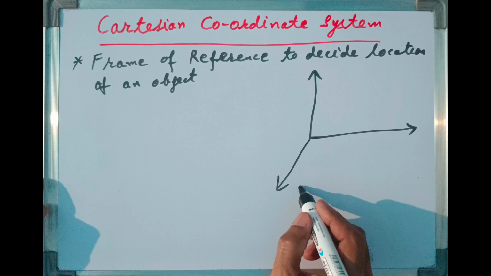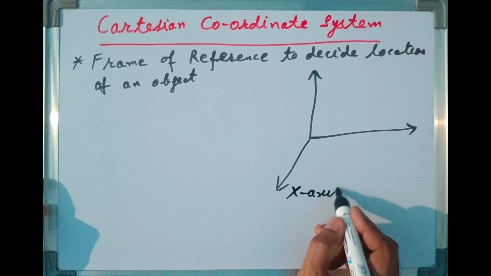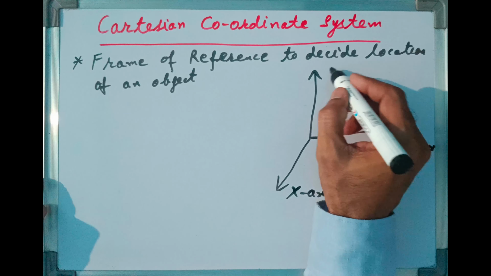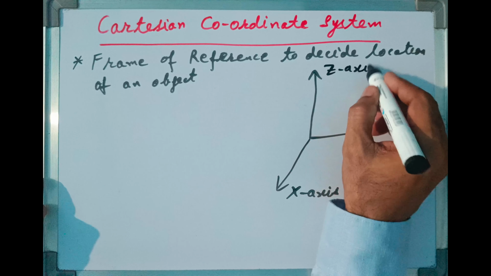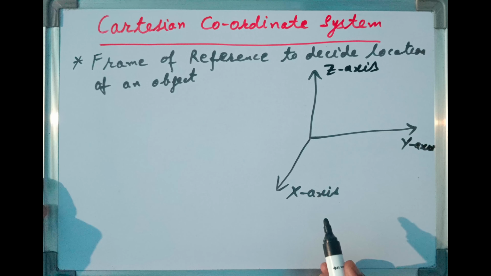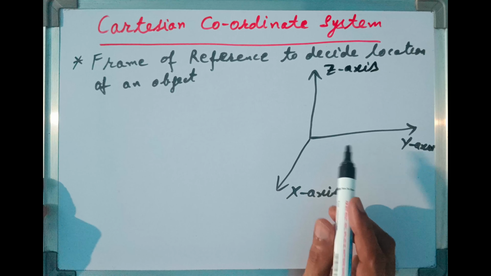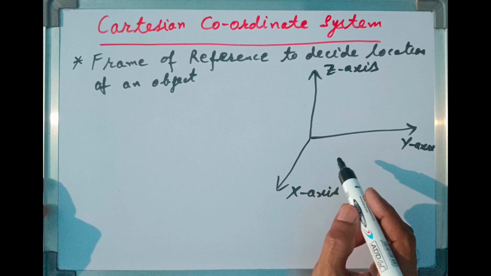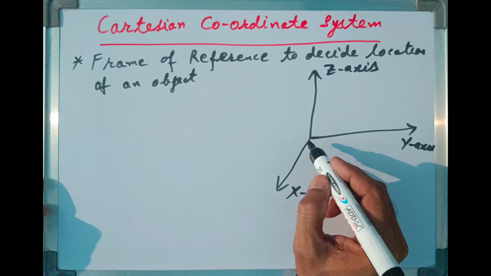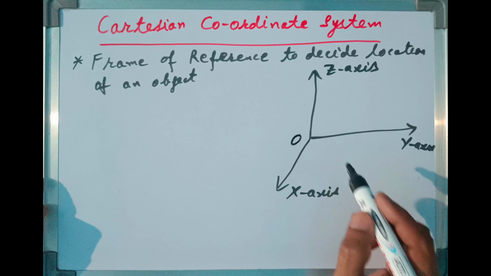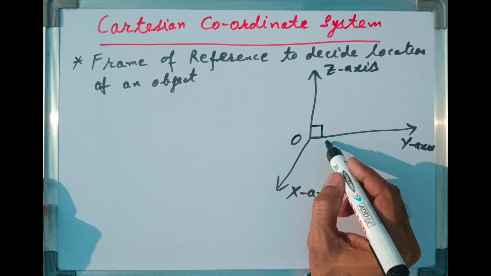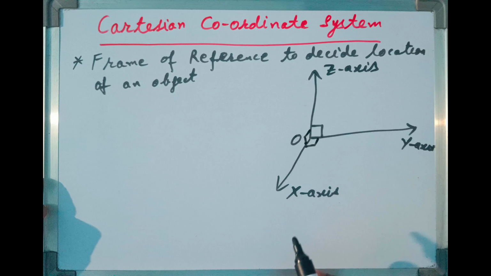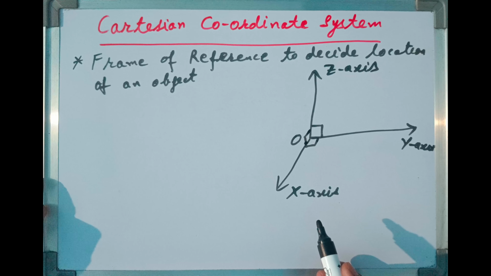This axis, let me call it the x-axis, this axis is known as the y-axis, and this one the z-axis. All these three are perpendicular to each other. The x-axis is perpendicular to the y-axis, y is perpendicular to the z-axis, and z is perpendicular to the x-axis. The meeting point of all the three axes is called the origin of the system. So this angle is 90 degrees, this angle is also 90 degrees, this angle is also 90 degrees. This is called the Cartesian coordinate system.